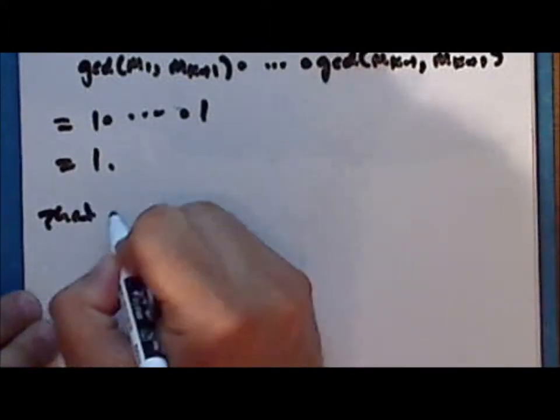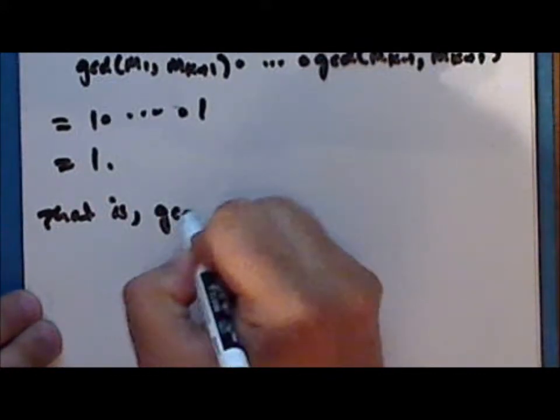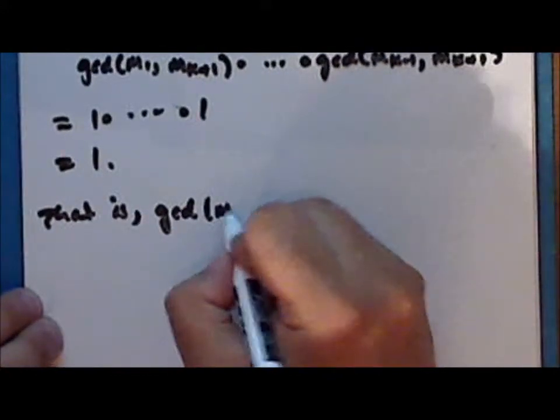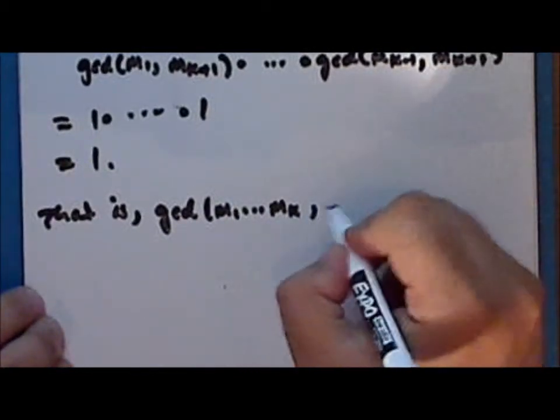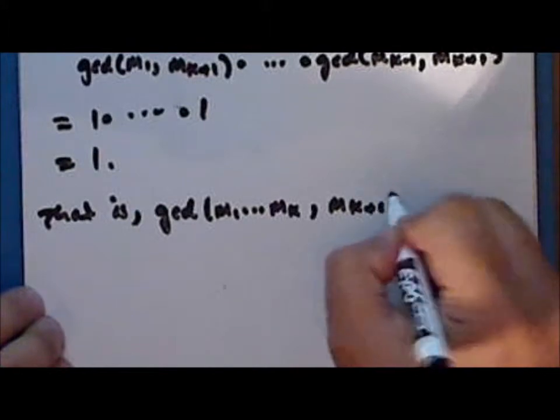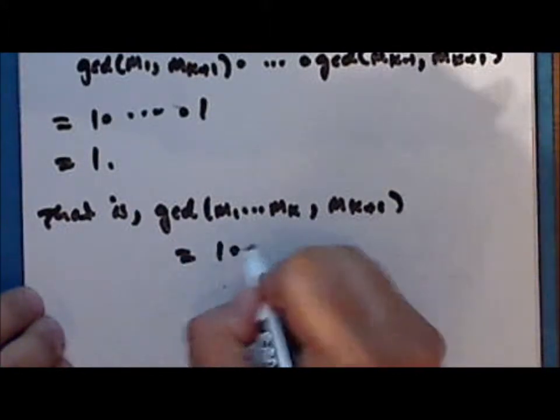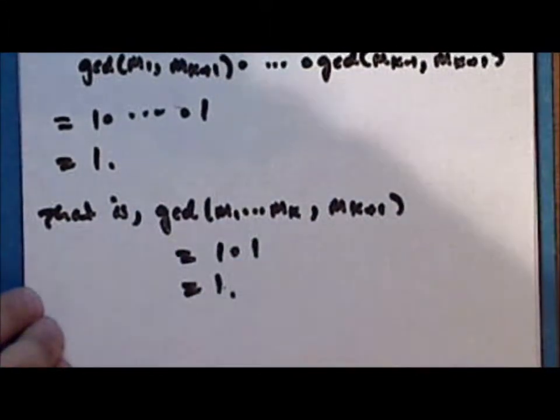That is, the greatest common divisor of the product m sub 1 through m sub k and m sub k plus 1 is equal to 1 times 1, which is 1.